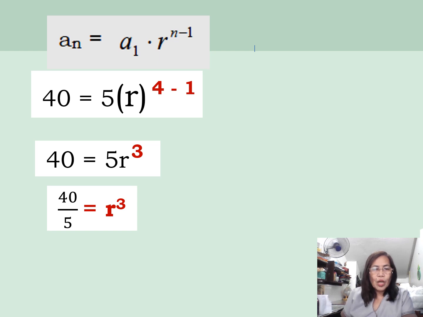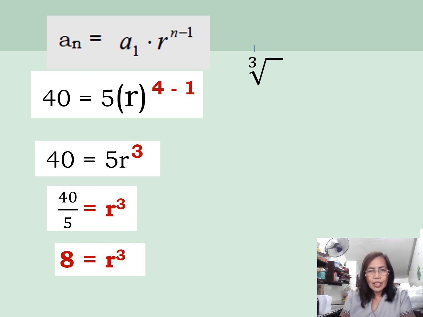And so, what is left is r cubed on the right. And then 40 divided by 5 is equal to 8. 8 is equal to r cubed. Now, in order to eliminate an exponent, you have to rewrite this into a radical expression.